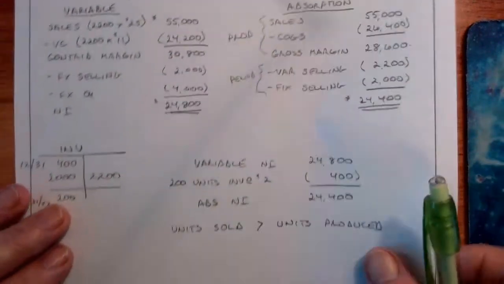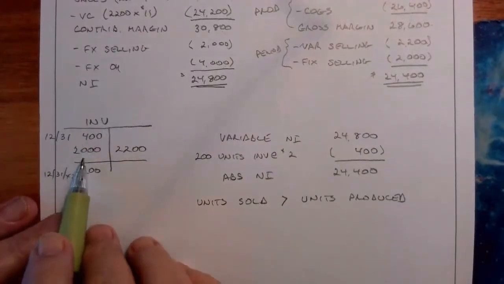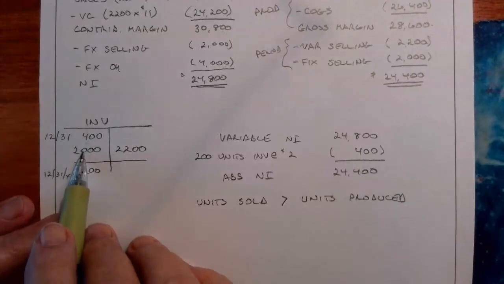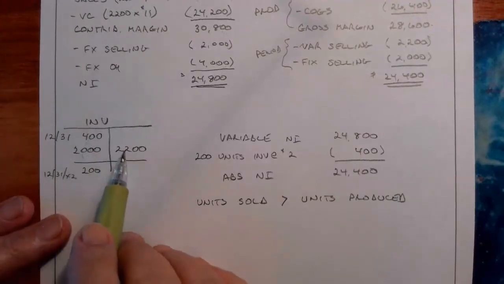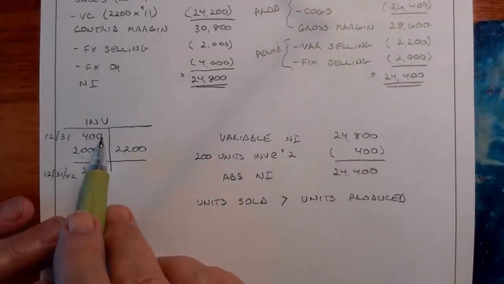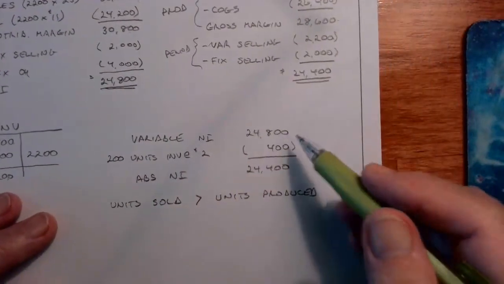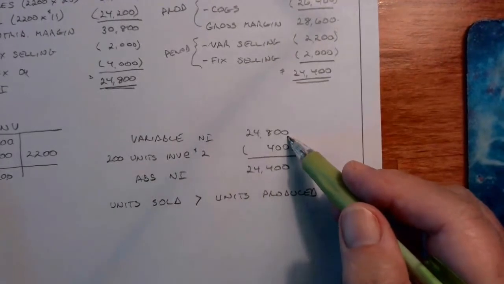So now if we look at our inventory account, we started out with 400 units in beginning inventory. They produced 2,000, and then they sold 2,200. So we've got 200 units left in ending inventory. We actually liquidated 200 of those. So here's my variable costing net income of 24,800.